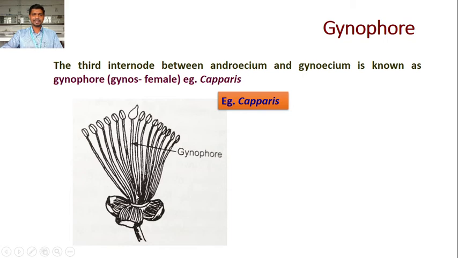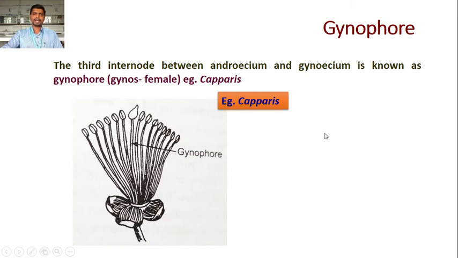In this diagram we can see this is the androecium, this is the gynoecium. The gynophore is present between androecium and gynoecium. The internode is the portion between two nodes, and the third internode between androecium and gynoecium is known as gynophore.